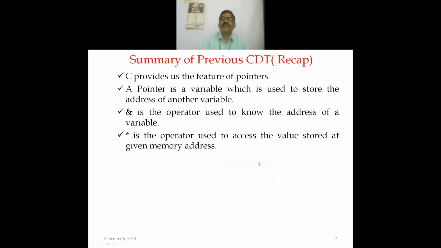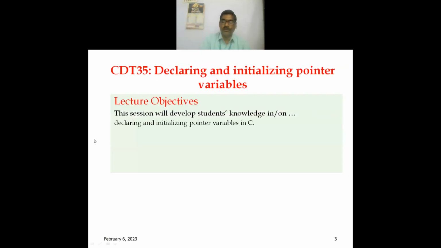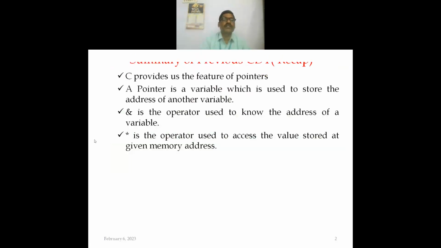So a summary of the previous classroom discussion: we had a discussion on pointers. The C language provides the pointers concept, and we defined a pointer as a variable which is used for storing the address of another variable. And we saw that there are two important operators used in pointers.